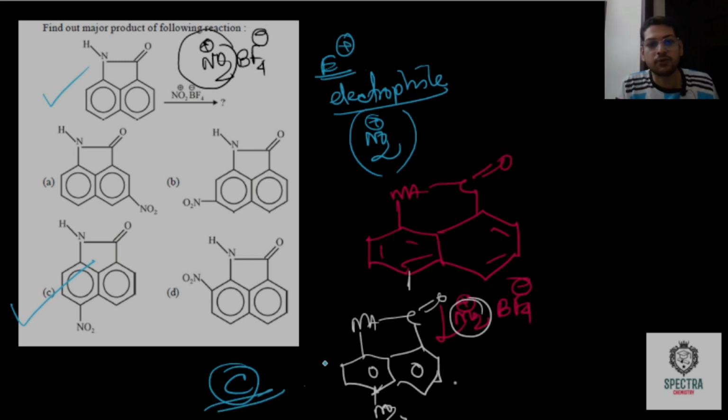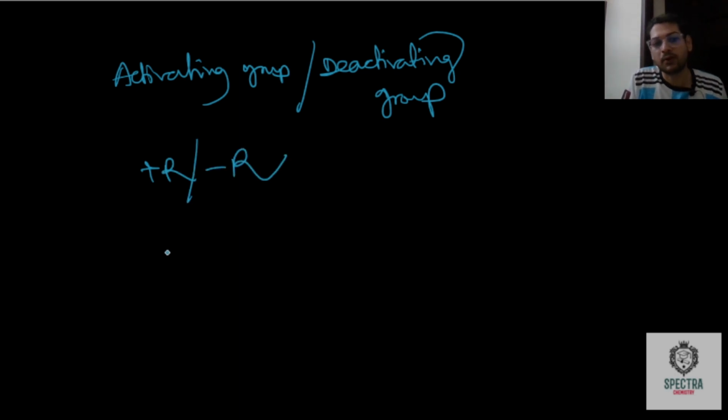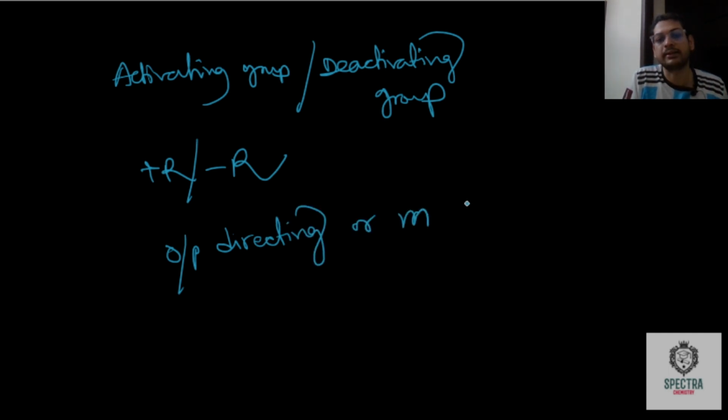So that's it. You see, we have done only one concept. What is the concept? Activating group or deactivating group. We have done the concept of plus R, minus R, and the concept of ortho-para directing or meta directing, right?